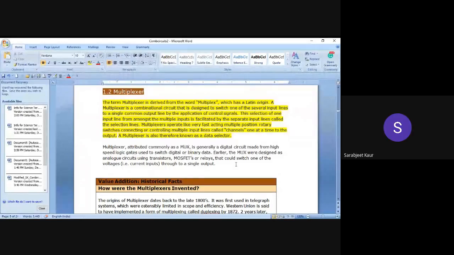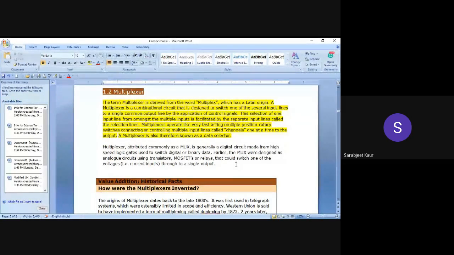So earlier there used to be cinema halls with a single screen. Now, I have told you this so that you can understand the literal meaning of the word multiplex.